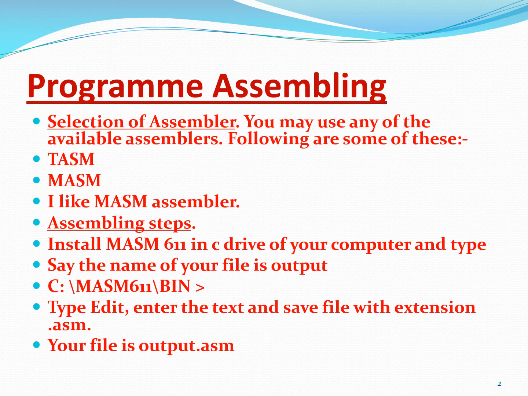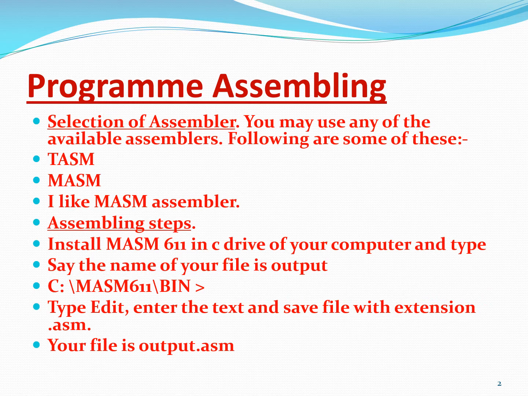Next we come to the assembler steps. First, take MASM 611, for example, or any assembler, install it in your C drive, and then type the name of the file.